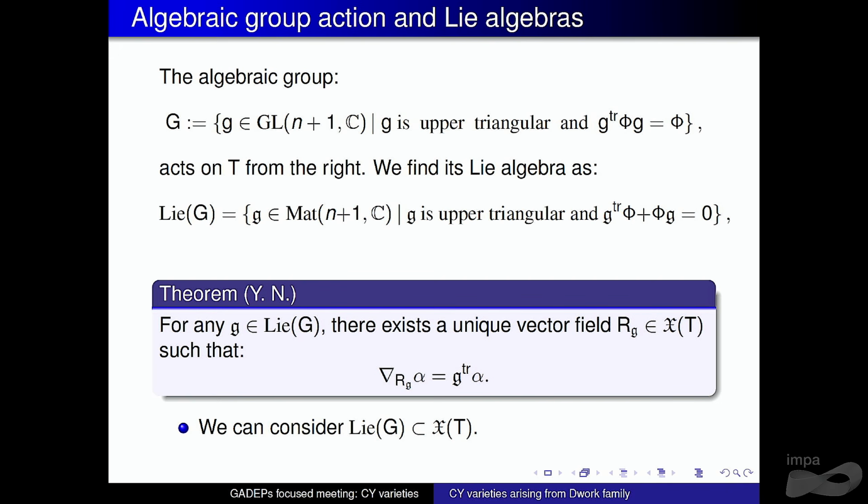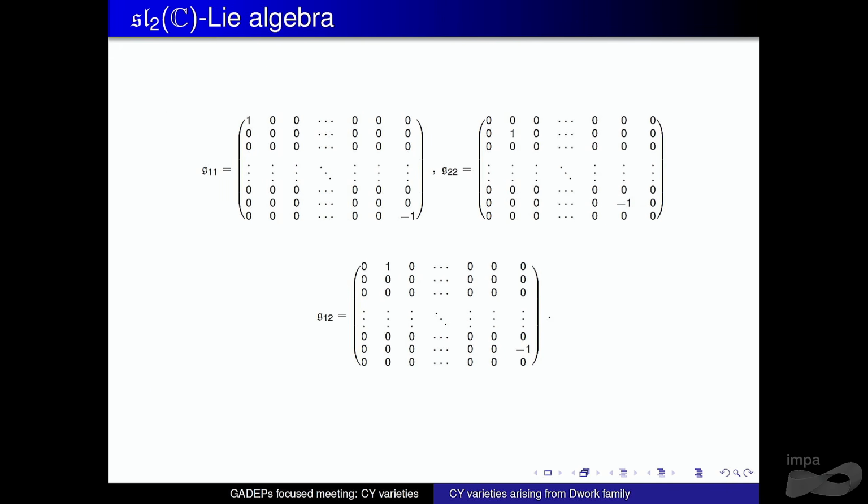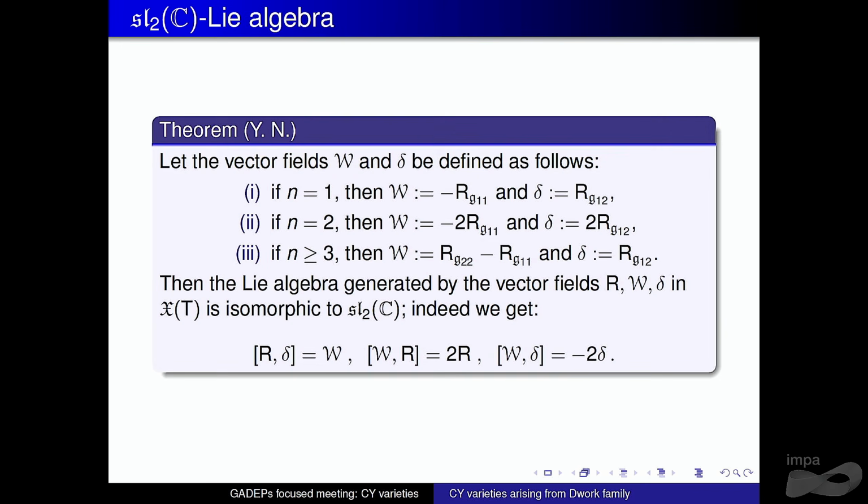But in the case of this choice of the matrices G11, G22, and G12, we can prove that if we define W, the vector field associated to G11, delta to G12, and the rest for the other cases.